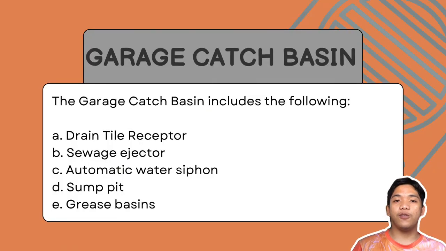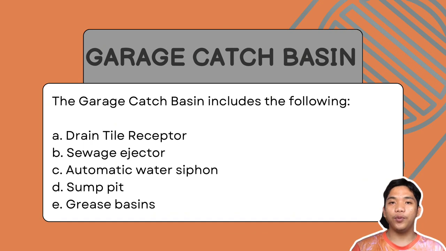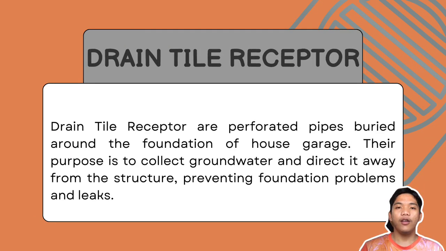The garage catch basin also includes the following: the drain tile receptor, the sewage ejector, automatic water siphon, sump pit, and grease basin. Drain tile receptors are pipes that collect the groundwater and directly lead it to the public sewer to prevent the building from leaks and damages.